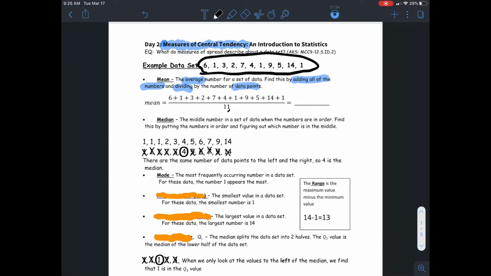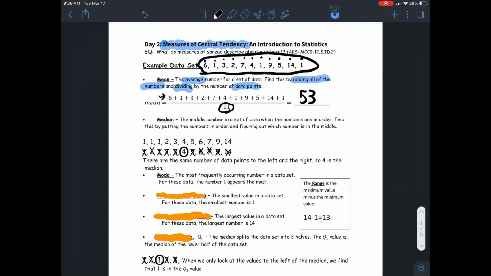So in this case, we're going to be dividing by 11, and we get that 11 by counting our data points. We have 1, 2, 3, 4, 5, 6, 7, 8, 9, 10, 11. 11 data points. So let's add together all of our data points like we see here, and we get 53.